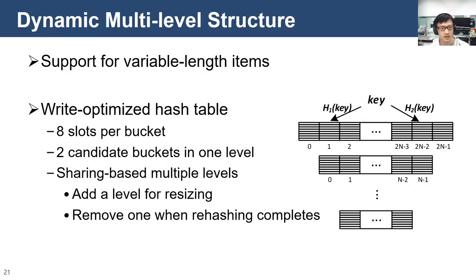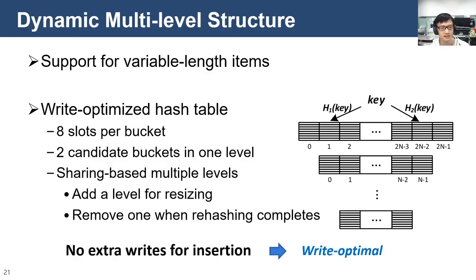For two adjacent levels, the upper level has 2 times as many buckets as the lower one. Items share all levels but prefer upper levels. Note that, unlike level hashing, the techniques for hash collisions do not lead to log writes for insertion when the table is not being resized. Hence, Clevel hashing is write optimal for insertion.